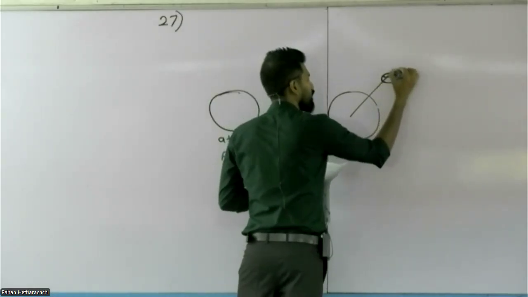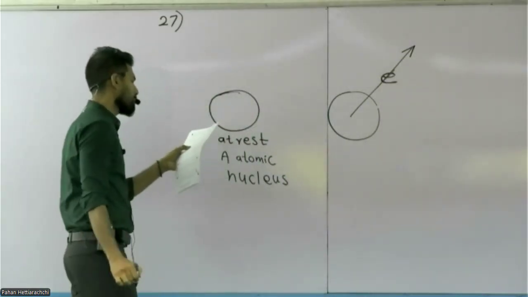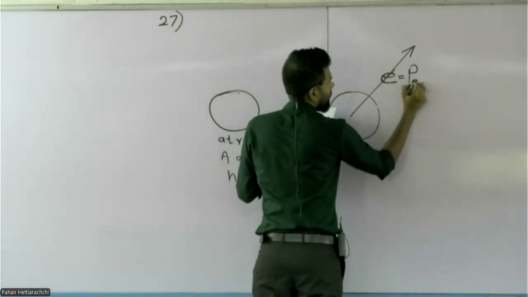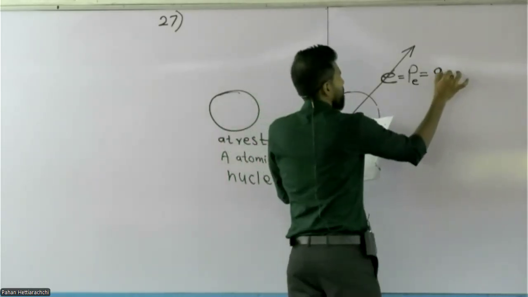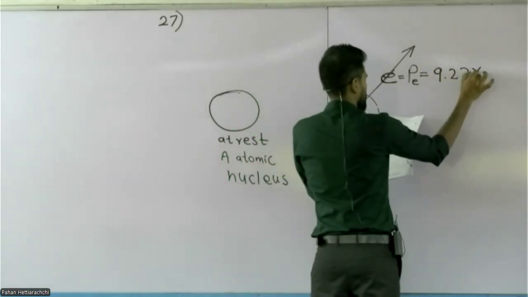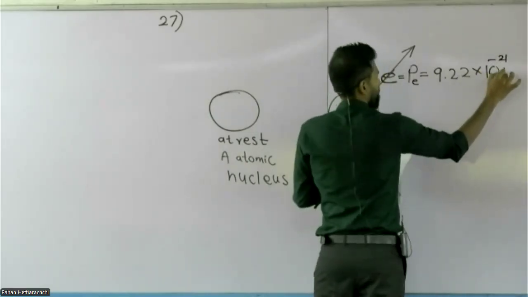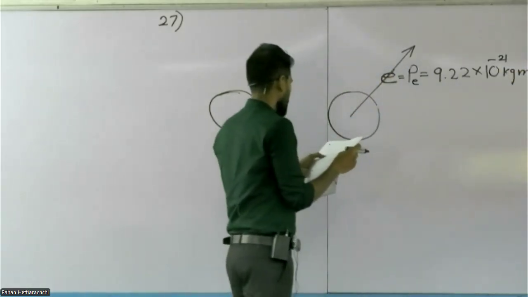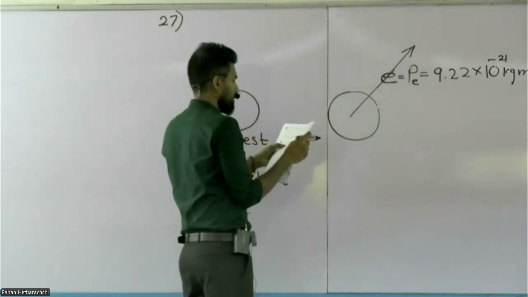This electron is having a momentum of PE. It's having a momentum of 9.22 into 10 to the power minus 21. And a neutrino moving in the perpendicular direction with the momentum this much.